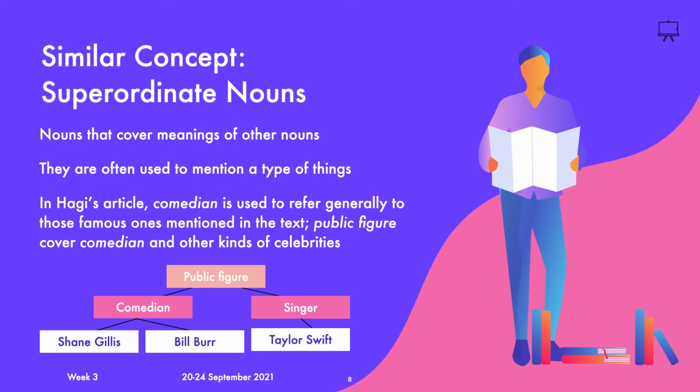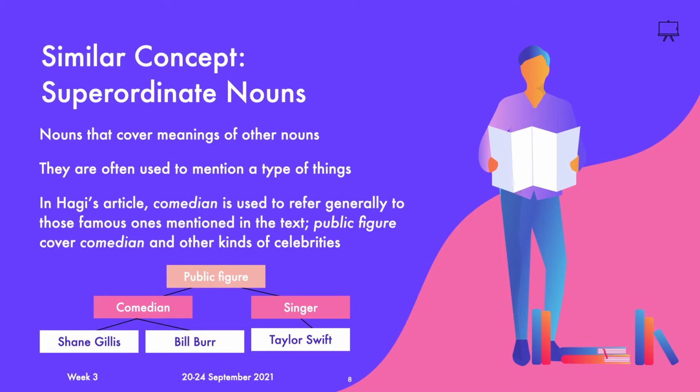For example, when you use the word argument, you do have to provide the arguments as you have promised. Okay, but in this case, when you talk about superordinate nouns, you are using nouns that cover meanings of other nouns that are used to mention a type of things.